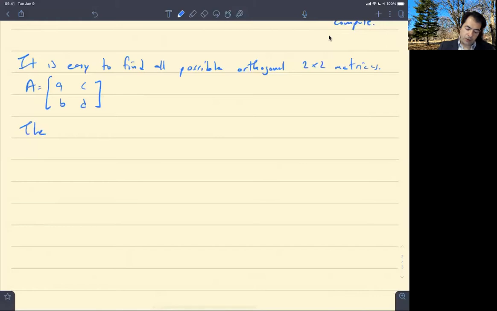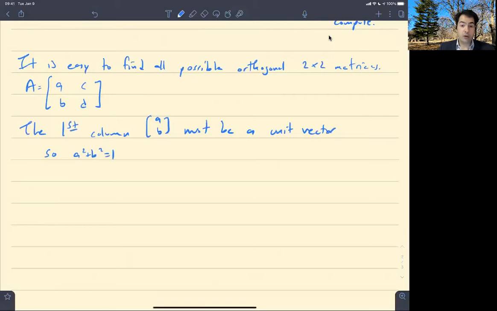So let's start by looking at the first column. If we're going to have an orthonormal basis from the columns, then the first column, A, B, must be a unit vector. So A squared plus B squared is equal to 1, and that's the same as saying that the point AB is on the unit circle.